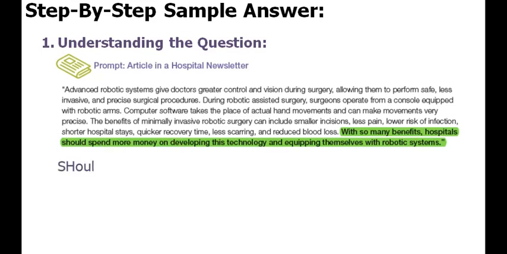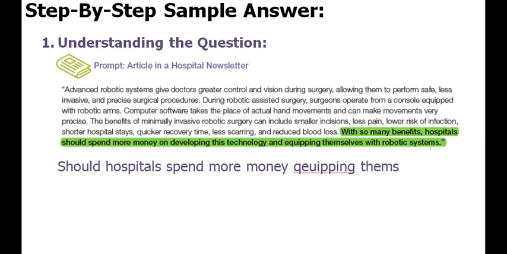So we will say, should hospitals spend more money equipping themselves with robotic systems? As you can see, that is the focus of our response.